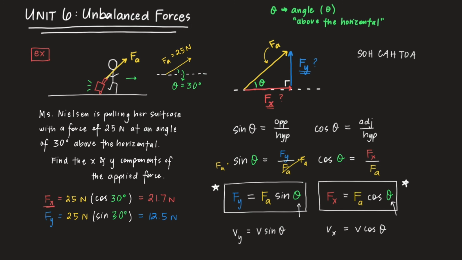So again, we're going to see more examples of these in other units, but we're in the context of forces now, so we're talking about forces in the y direction and forces in the x direction with our components. But when we talk about components, they can be applied to any vector. So today you're going to be doing some practice just breaking down vectors into their components using this method.